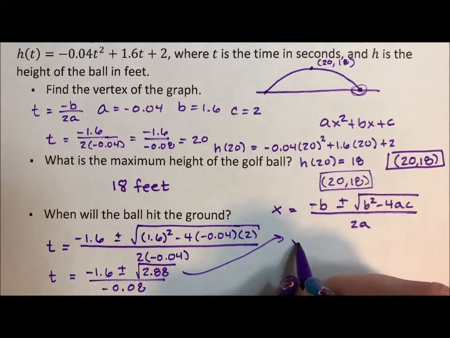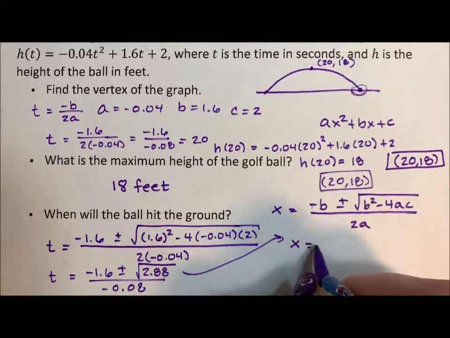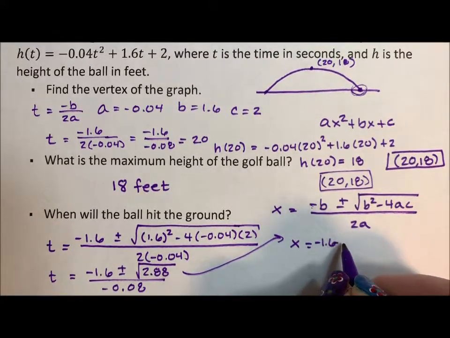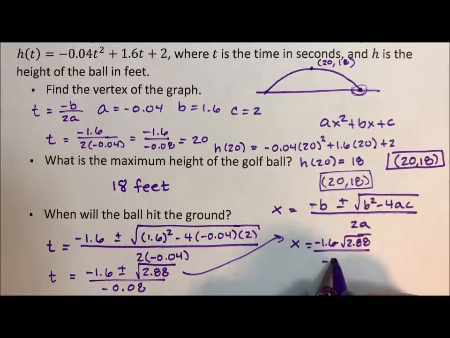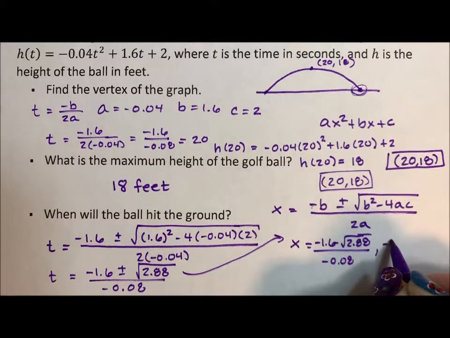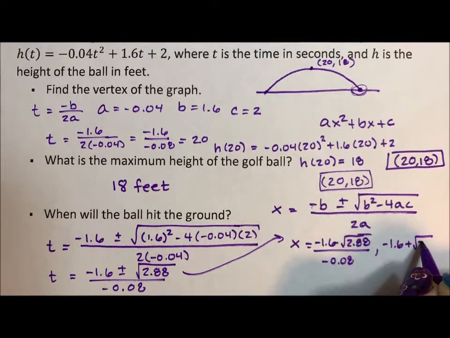So this plus or minus means there's two solutions. t is negative 1.6 minus the square root of 2.88 over negative 0.08, or negative 1.6 plus the square root of 2.88 over negative 0.08.